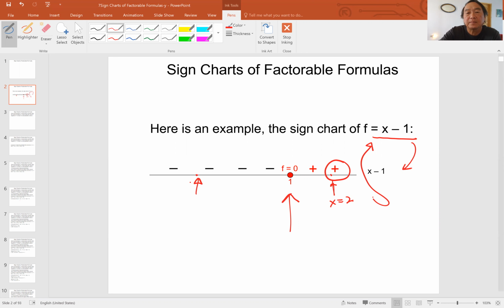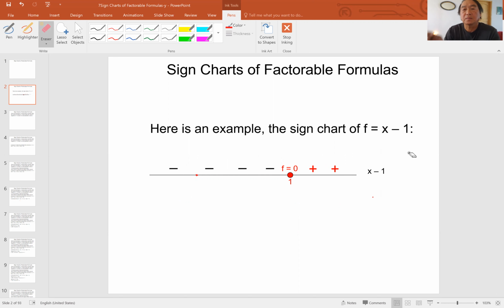And here's the negative part: putting in x equal to 0, or minus 1, for instance, you're going to get a negative outcome. So in a sense, this sign chart is one-dimensional information about the function f as much as possible.